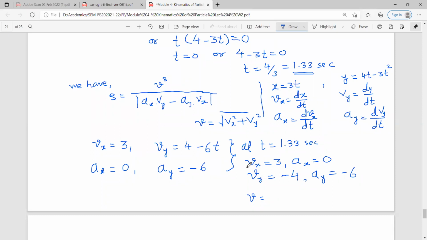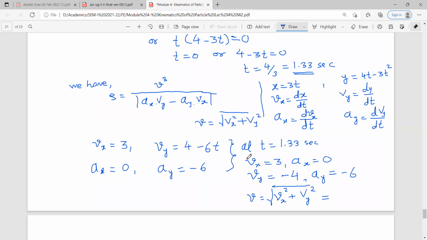So you just add the components of velocity, Vx and Vy, vectorially: Vx square plus Vy square, under root. Vx is 3 and Vy is minus 4. What answer will come? 5.